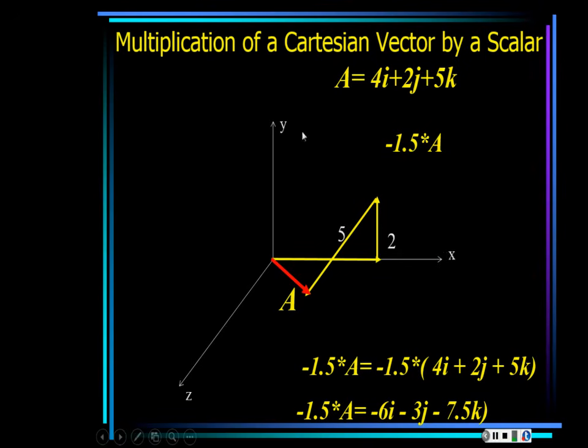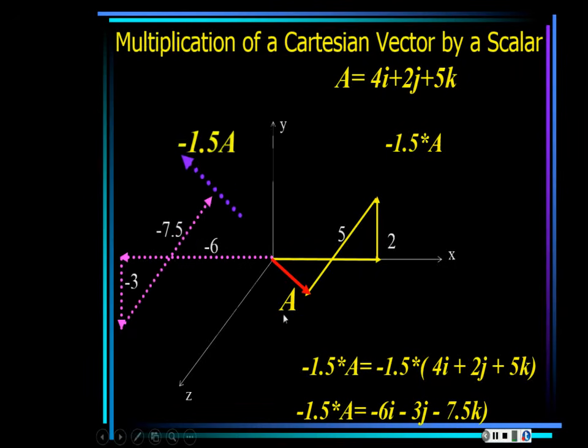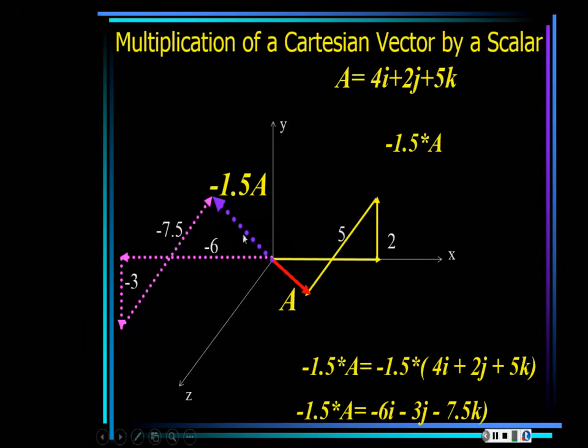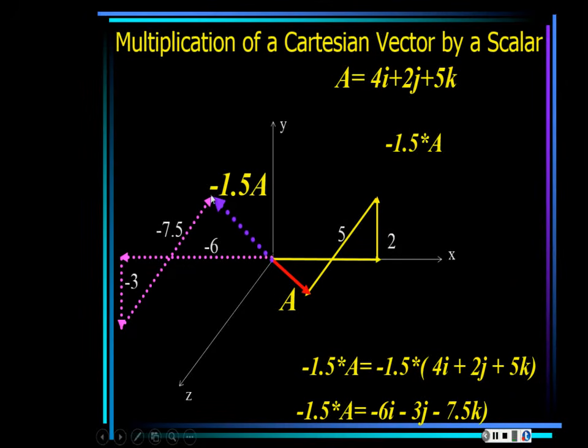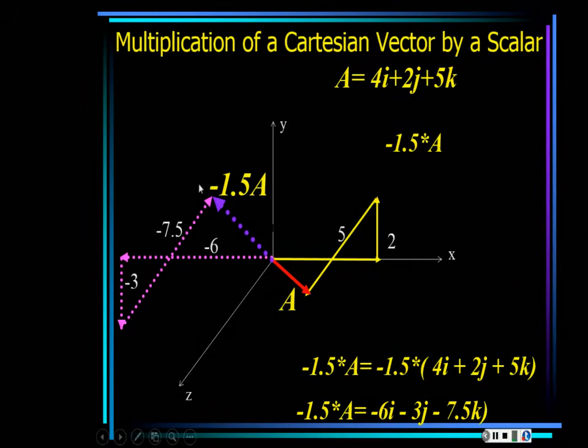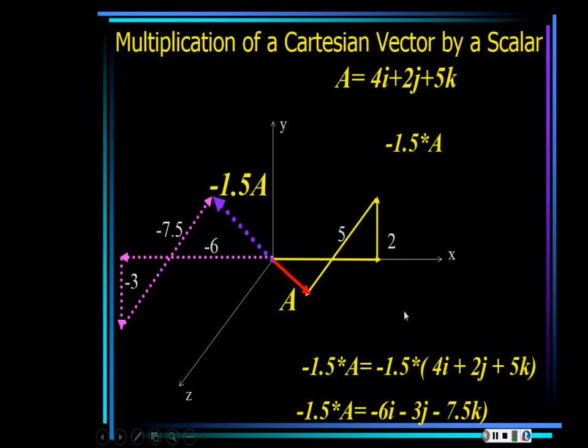And secondly, whichever direction has the letter is the positive direction of the axis. So if this is the positive direction of i or x, the negative direction is going to come in this direction. Same thing happens with j. If this is positive, the negative is going to come in this direction. And same thing with k. And this is going to be my vector. Look at this. Completely opposite direction to the original vector because it's negative here.